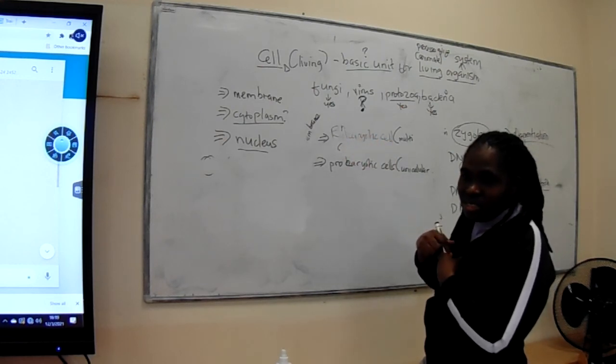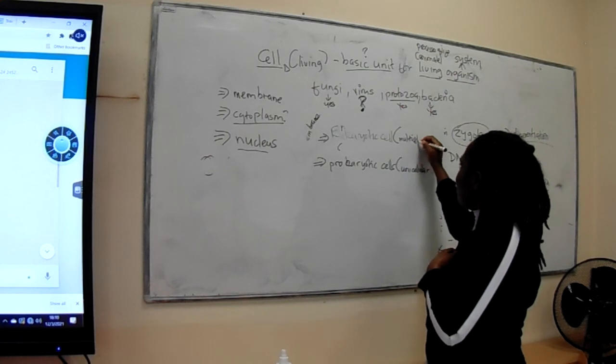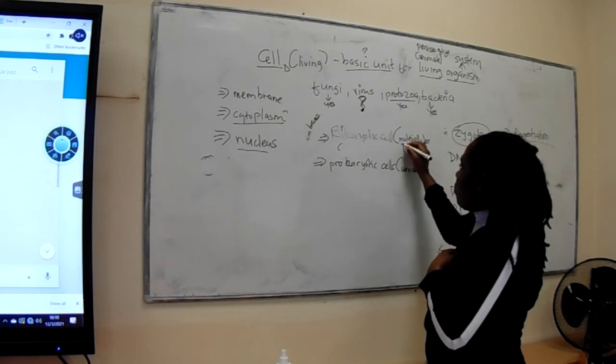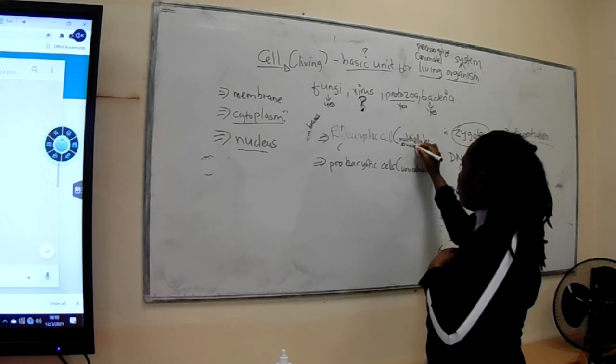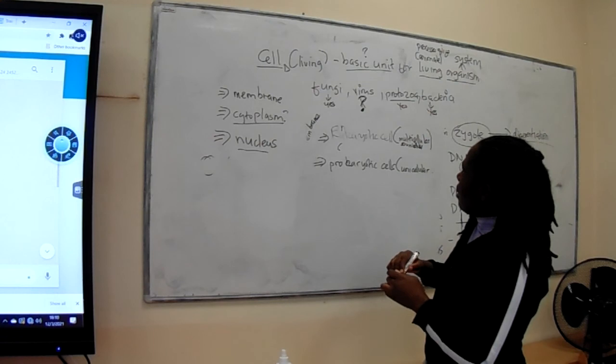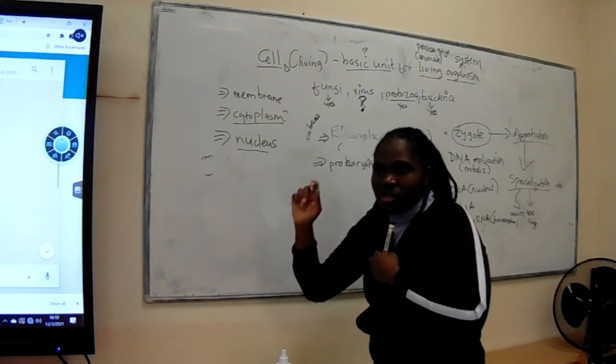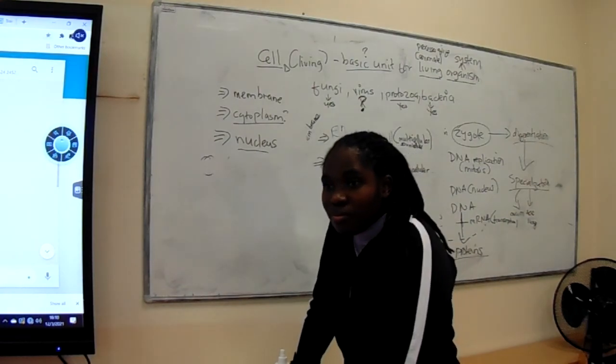Many eukaryotes are multicellular, but many are unicellular. Yes, they can also be unicellular. Okay, fine. Having said that, let's start off with the bacteria. Wait, so you're saying eukaryotic cells can be multicellular?